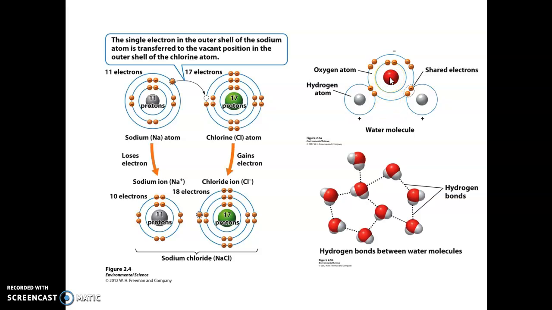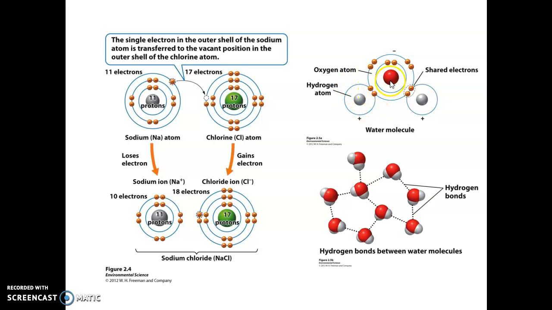So here's the oxygen in red and the two hydrogen atoms in gray. Each hydrogen atom has one electron, and it's sharing its orbit covalently with the oxygen. And same with the oxygen's extra electron, sharing it covalently with the hydrogen.